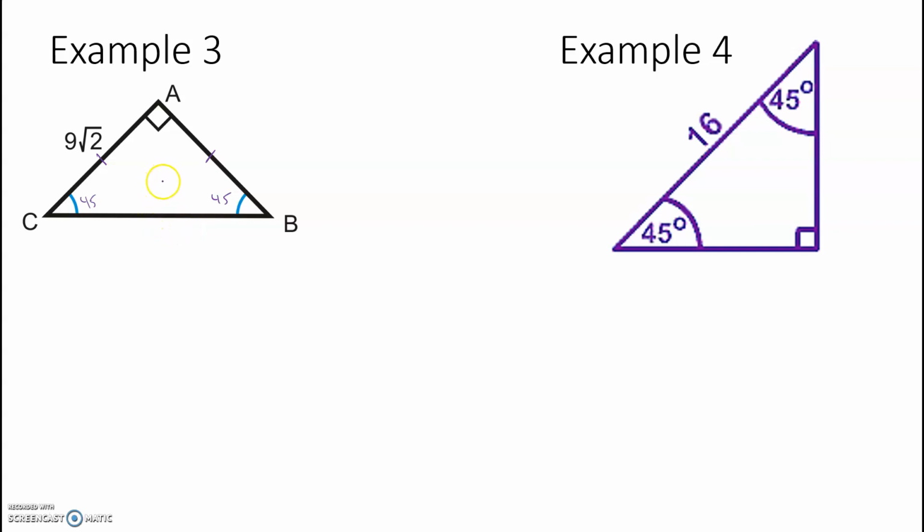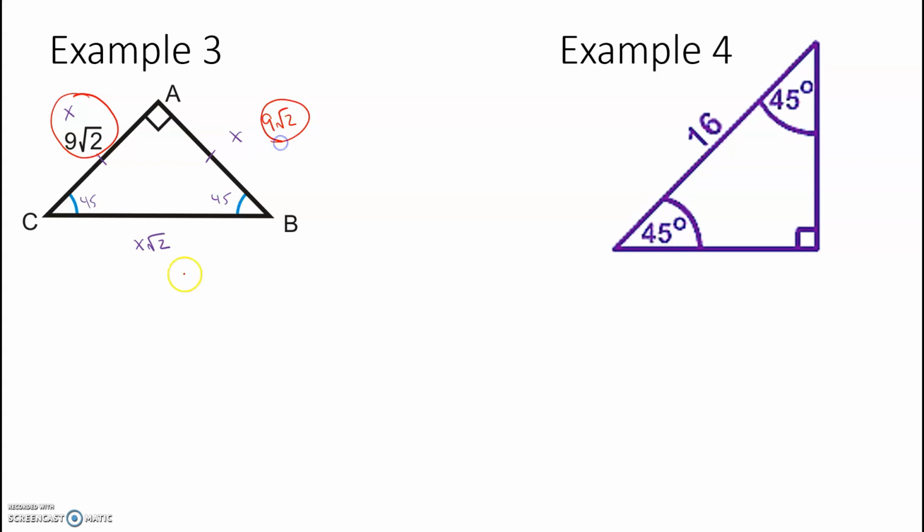If it's an isosceles right triangle, it's a 45, 45, 90. So let's mark our formula, x, x, and our hypotenuse is x root 2. And here's our x. So this tells me x equals 9 root 2, which means x equals 9 root 2.